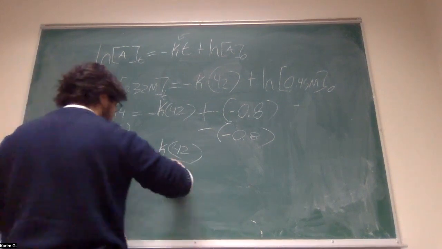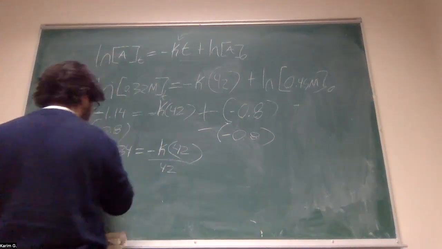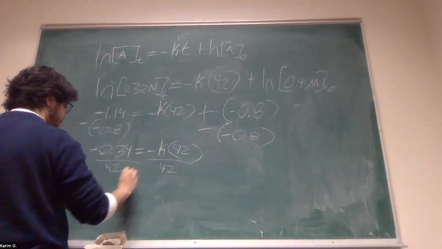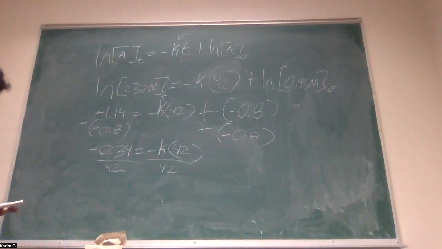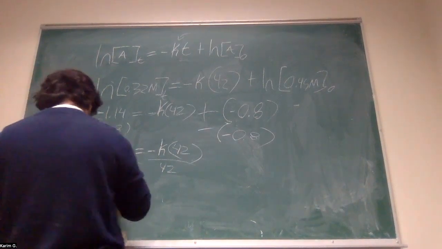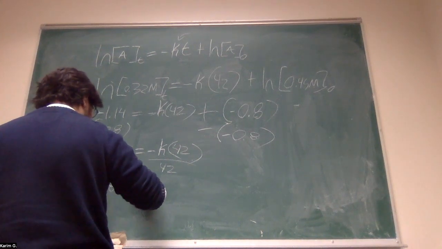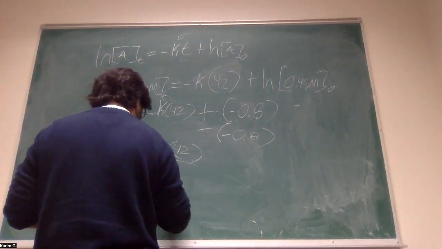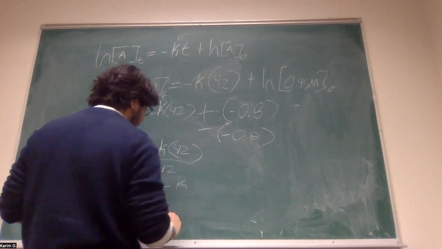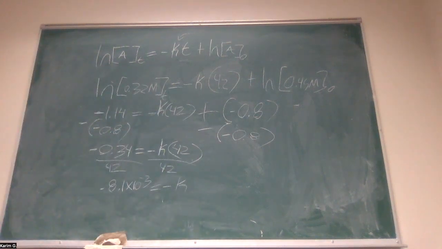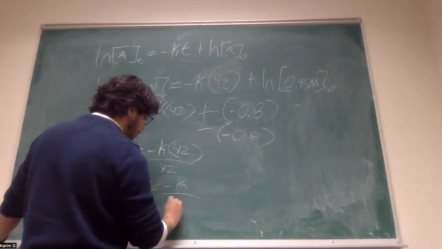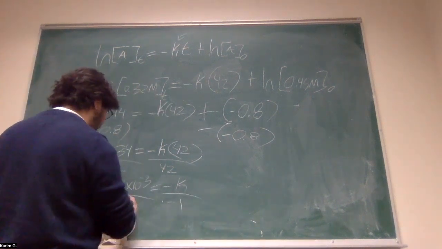So then we divide by 42 to get K by itself. This divided by 42 would be negative 8.1 times 10 to the negative 3, equal to negative K. I still have one more thing to do, which is just divide by negative 1 to get K by itself.